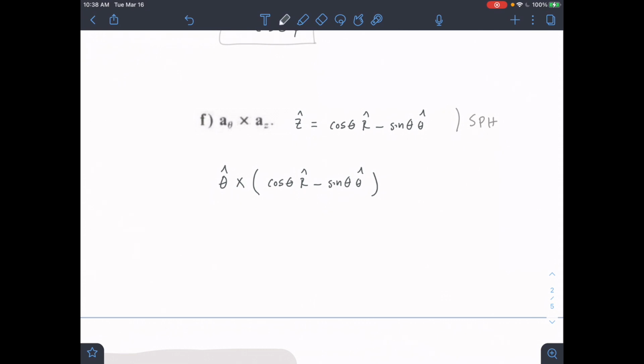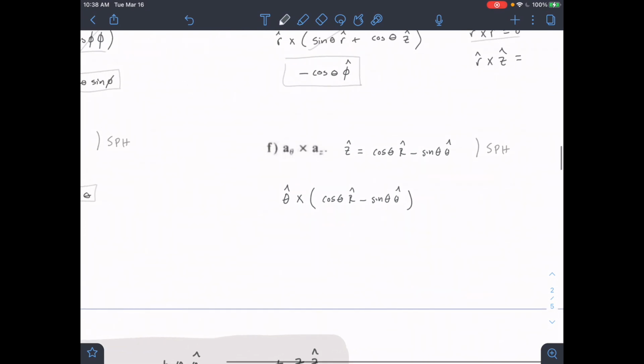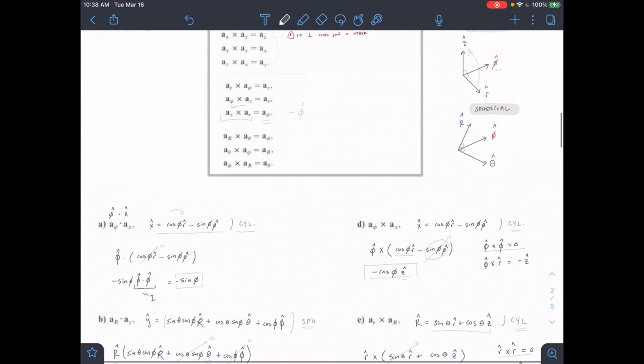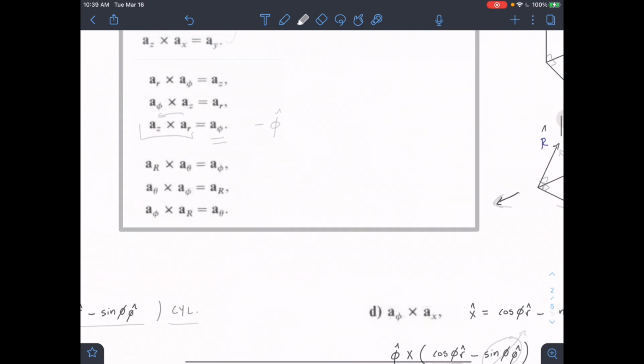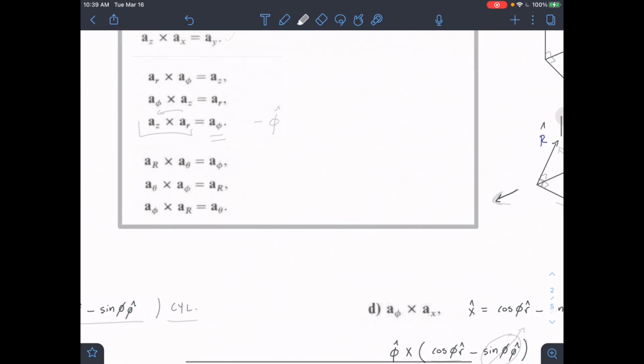So theta cross r, and we're in spherical, so we can find it in two different ways. Theta cross r, if we think about our right-hand rule, we should get negative phi, right? Theta cross r, pinky in this direction, sweep your hand this way, and then your thumb is going this way, would be negative phi. But let's look over here. Theta cross r, so r cross theta is equal to positive phi, and then when we swap them, we just get a negative, so that would also be negative phi.